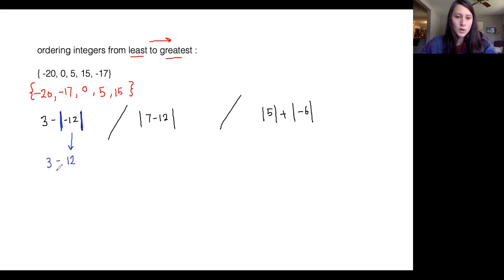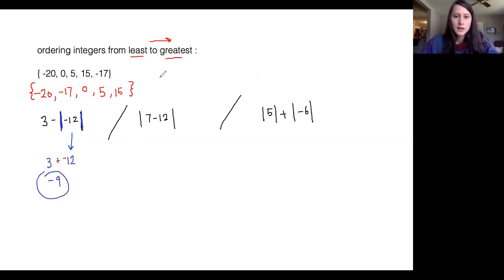So that means when I work this out, I'm going to do 3 minus +12 rather than a -12. And when I subtract that, remember the rules for subtracting is I have to add the opposite. And so I can use what we call the two-stroke rule or two-stroke method to do that. And this becomes -9 as my answer.